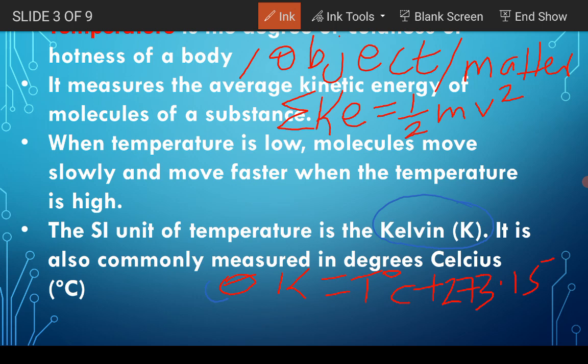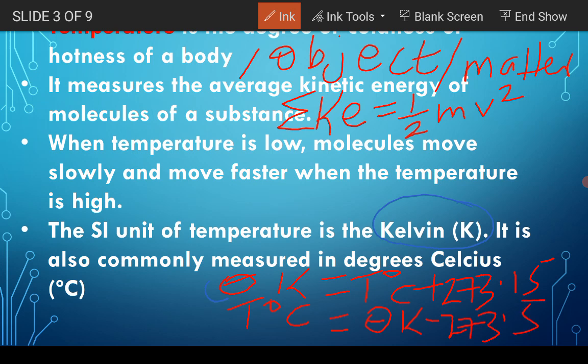All right, so the Kelvin and the degree Celsius are related in this manner, and it also follows that to find the temperature in degrees Celsius, you simply subtract the same constant of 273.15 from the temperature in kelvins.